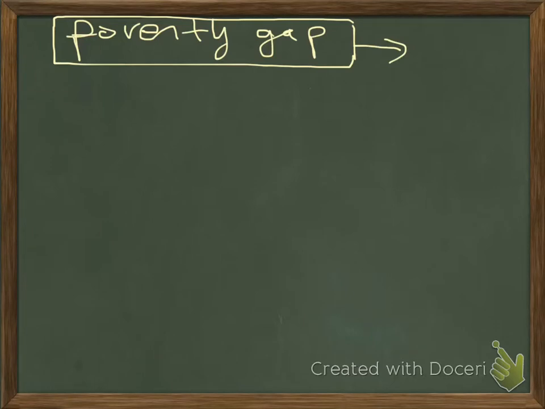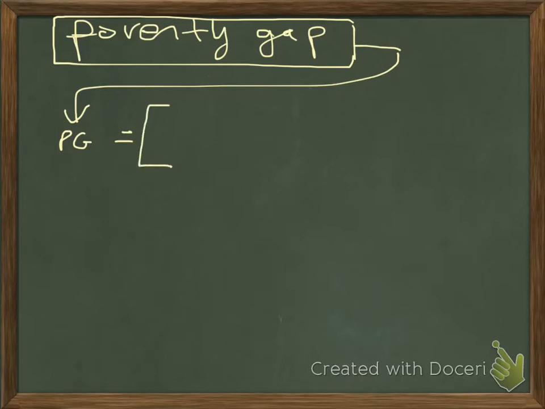Not just how many fall below the poverty line, but how far below they fall, okay? Let me change that, and let's just put this down here. So the poverty gap, I'm just going to write PG, equals, and I'm going to put the symbols up and then I'll tell you what they mean, so that I don't make a mistake on my formula.